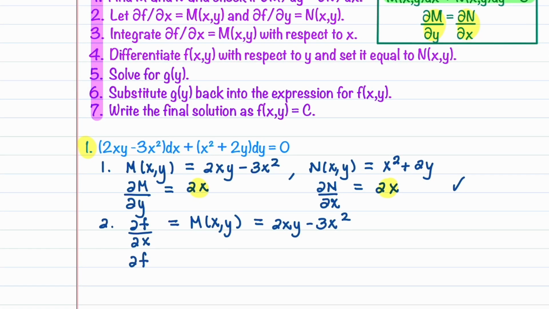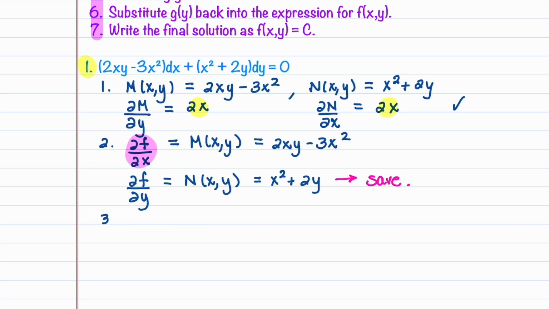We're going to take the partial of f with respect to y, and we're going to let that be equal to N of x, y, and that was equal to x squared plus 2y. We're going to save this for later, and now we're going to work with the partial derivative of f with respect to x.